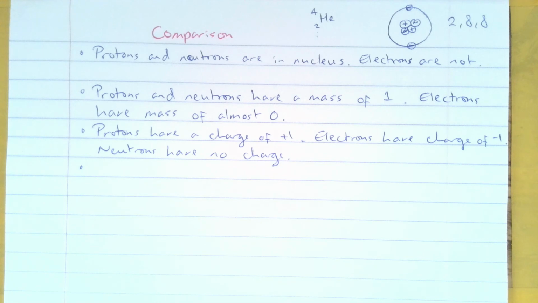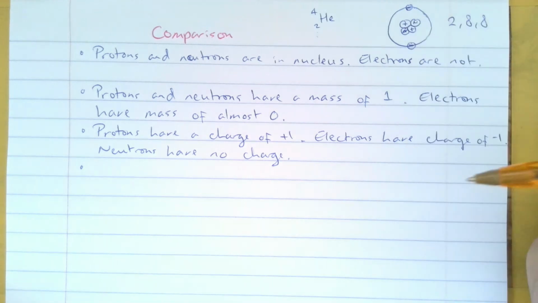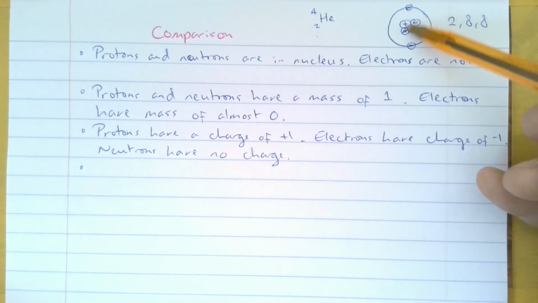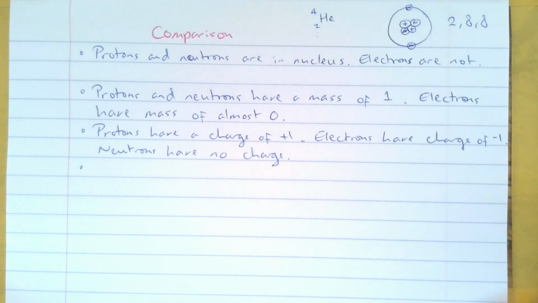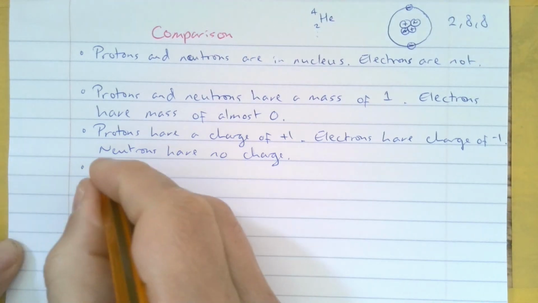So I'm looking for one more thing now, one more thing that's different between protons, neutrons and electrons. I've said the protons and neutrons are in the nucleus, the electrons are not. I've not really said what the electrons do. So let me write that as my last one.